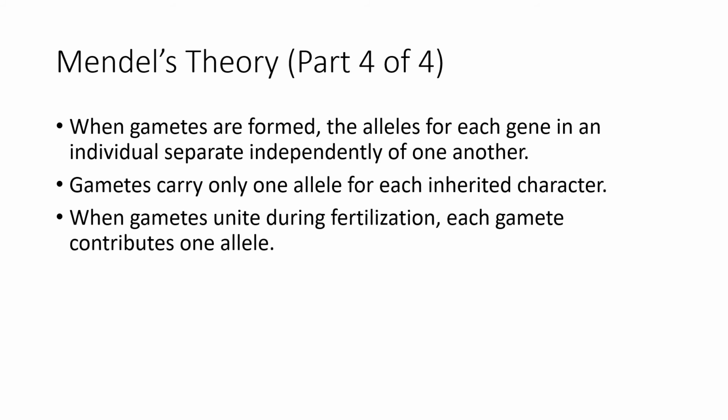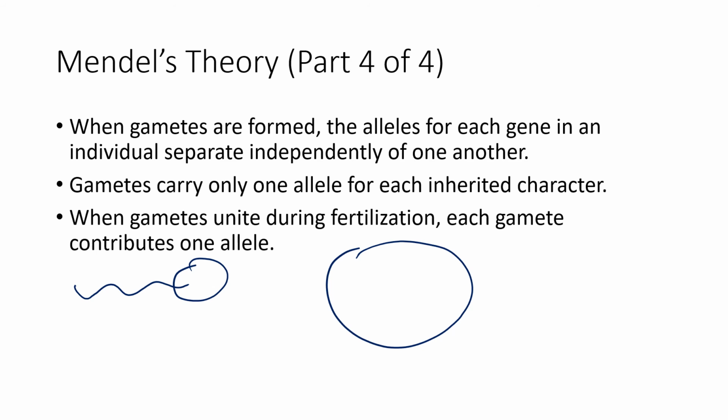So this means that when you have, here's sperm, here's egg, let's say this sperm from the dad has the cleft chin, and it's capital C. Mom does not, so this egg does not have it. So when these fertilize, you're going to have a baby that's C, most likely.